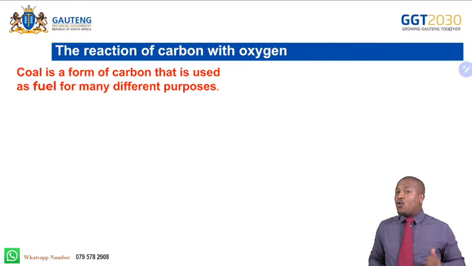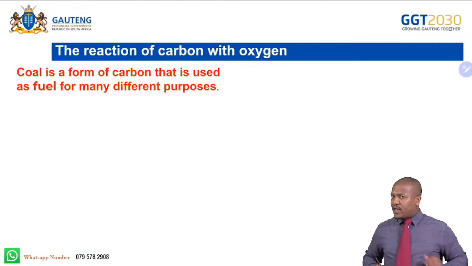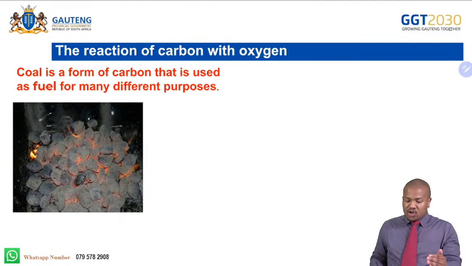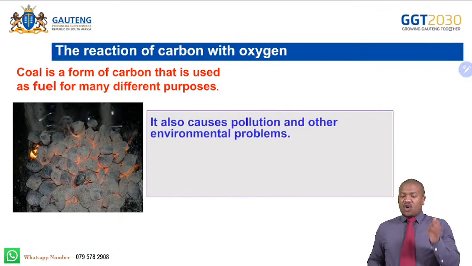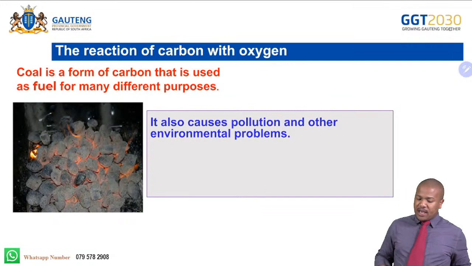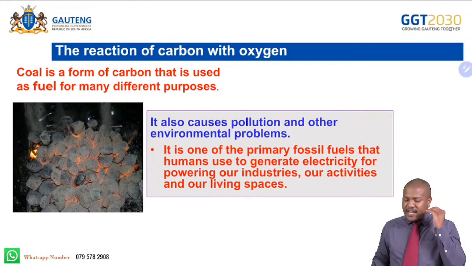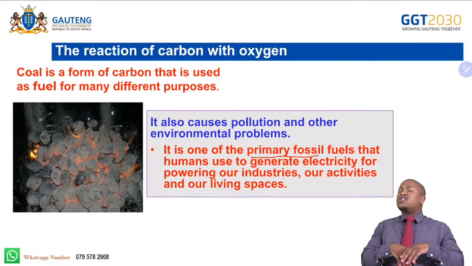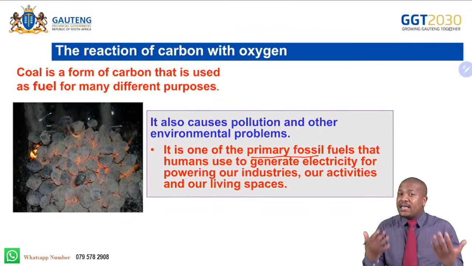To generate electricity, we use coal, for example. Are we together? But with that being said, it is also causing air pollution and other environmental problems such as global warming. It is one of the primary fossil fuels that humans use to generate electricity, for drying, and as a source of heat.